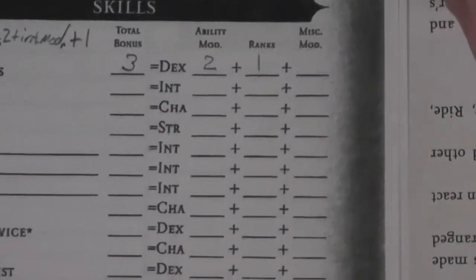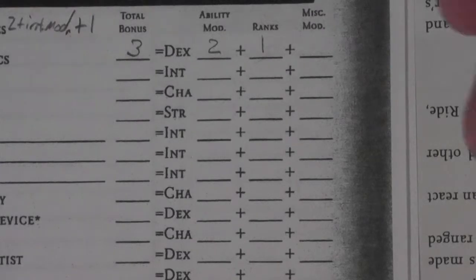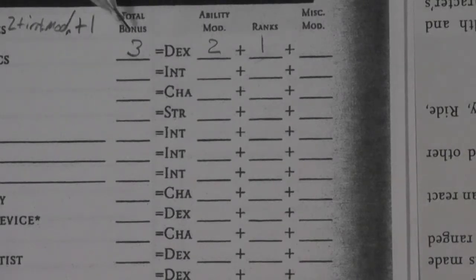So what this means is whenever the dungeon master or the game master, whichever you want to call them, asks you to make an acrobatics check, or you want to do something that would require acrobatics, you just roll your d20 and whatever else you need to roll, and on your d20 you always get a +3 no matter what you roll.